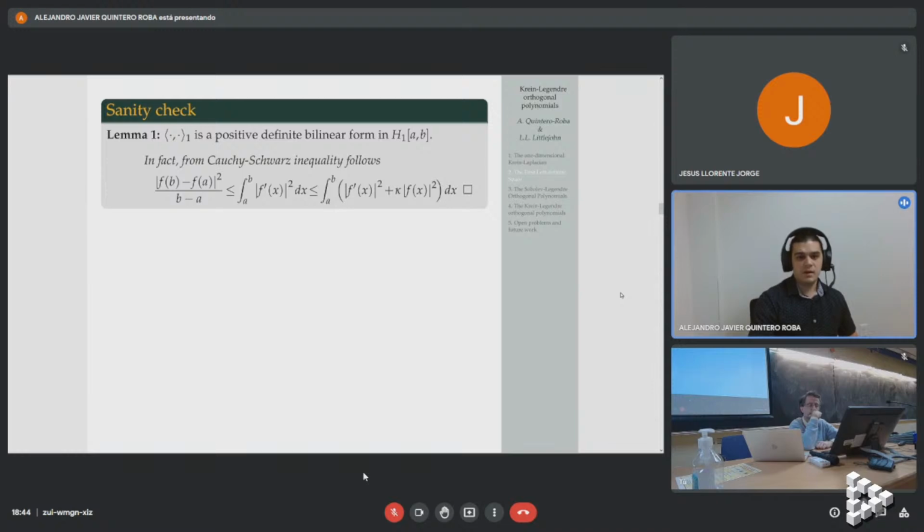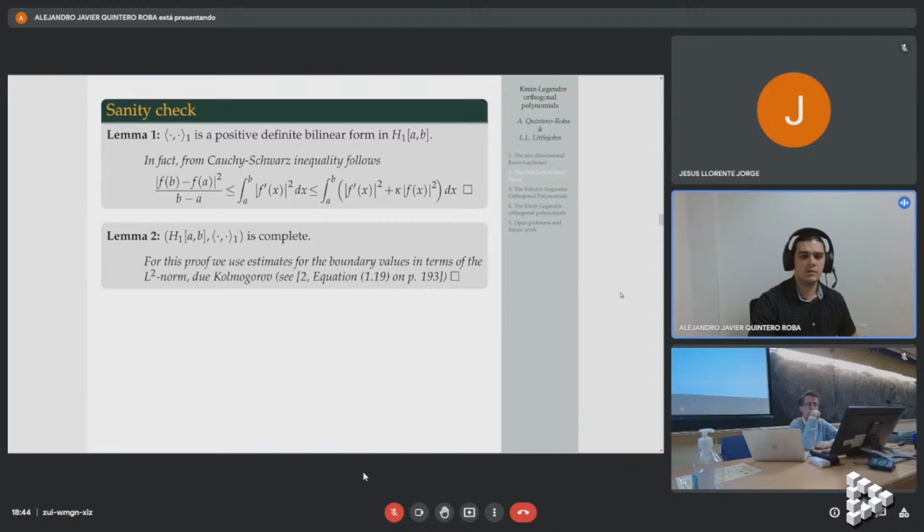Básicamente, lo único que necesitamos en cuanto al producto escalar es que sea definido positivo, que es una consecuencia directa de la desigualdad de Cauchy-Schwarz, y además que el espacio es completo. Esta prueba es un poco más complicada y lo que necesitamos son estimadores de los términos de frontera para funciones L2, que se pueden encontrar en la referencia que ven en pantalla.